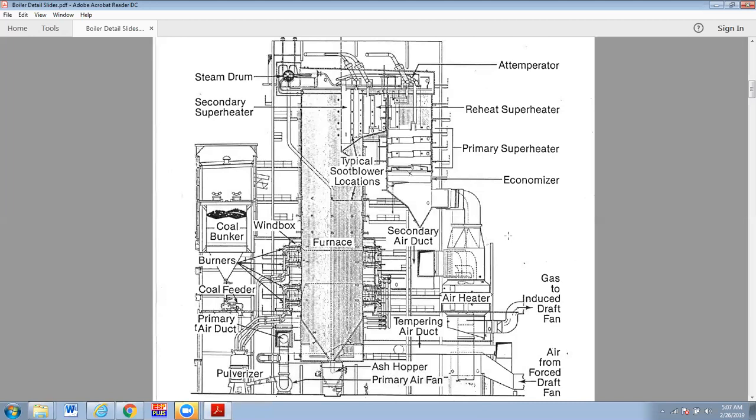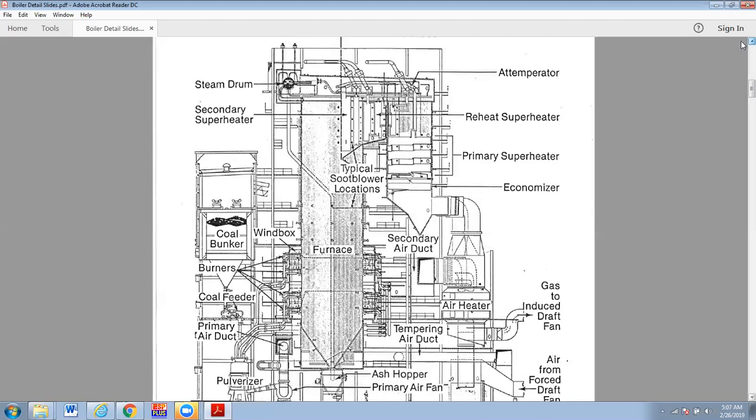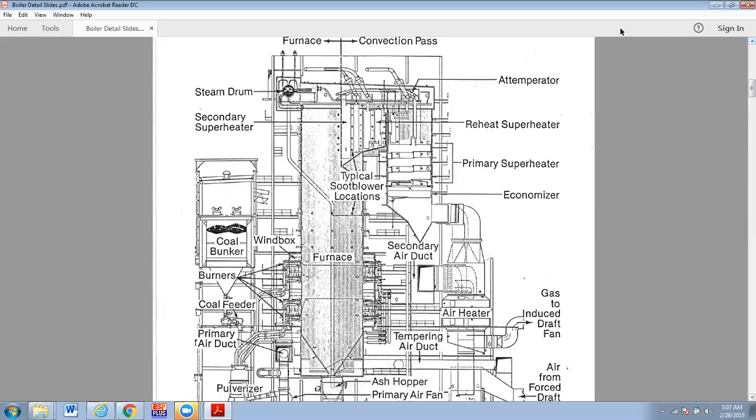Okay, so from the furnace, I guess I'll try this again. If you can see that moving around a little bit. So in the furnace, this is where the combustion is taking place. And let me go up just a tad higher here. Okay, so we call this portion of the boiler the furnace, and once we exit here sideways, this is the convection pass.